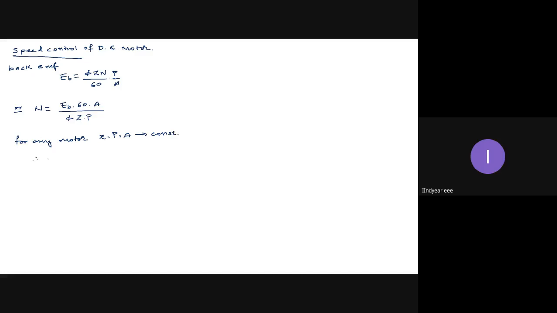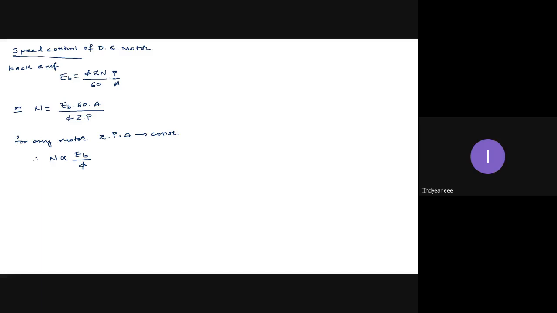Therefore, my speed is proportional to back EMF and inversely proportional to the flux. This we have already seen.